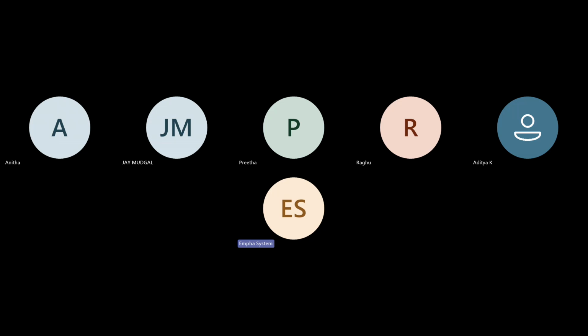Can I tell that someone's documentation is wrong and someone's documentation is correct? I can tell, okay, your content is good, your content is bad. But is it possible that I can tell that Anita's content is wrong and Aditya's content is correct? Is it possible?